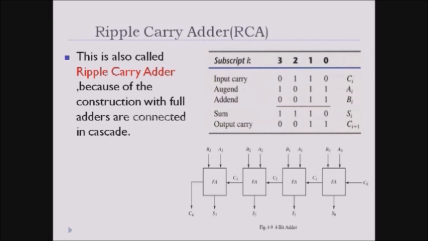Definitely I require 5 full adders. Now I have to give the carry of the previous stage as an input to the next stage. So this is how we are going to make a circuit for adding 4-bit binary numbers, and this kind of circuit is called a ripple carry adder.